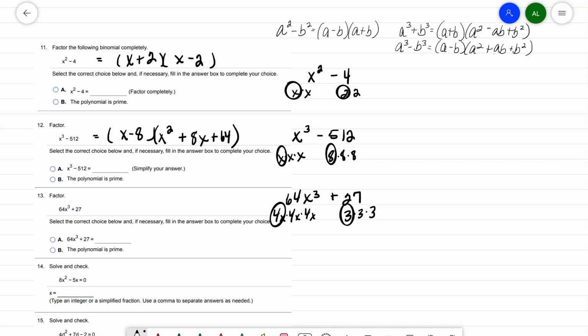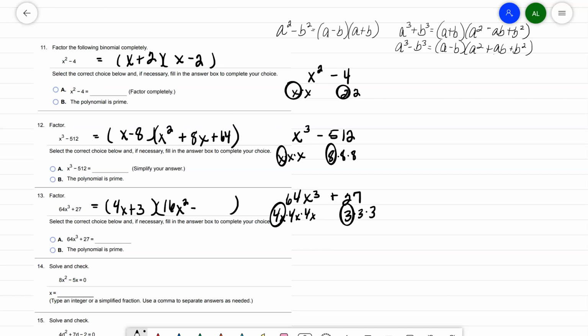So now we're using the a cubed plus b cubed formula. And we have our a and b. So we simply write out the factors. So we have a plus b, which is 4x plus 3. Then a squared, so I'm going to take the 4x and square it. 4x times 4x gives us a squared. So that's 16x squared.